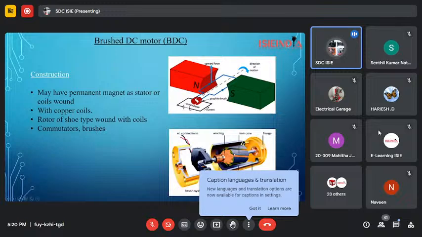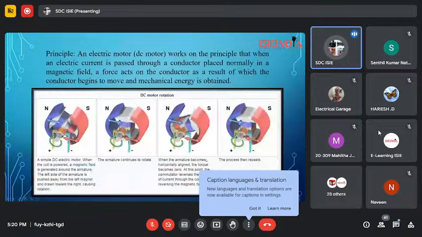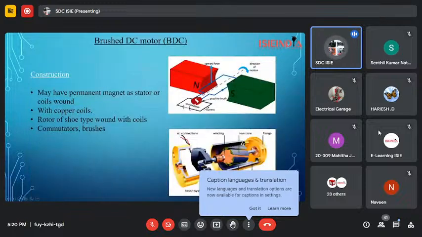All right, these are small plates. This is the commutator, and these are the windings. These windings are wound on the iron core rotor, and these are the electrical connections. Here the brushes are there, and this is the whole body, so that all the internal parts are stacked together and remain connected. And here the bearing is there.